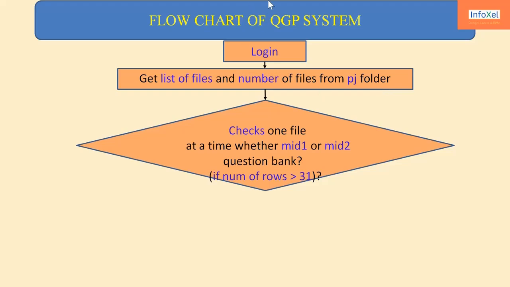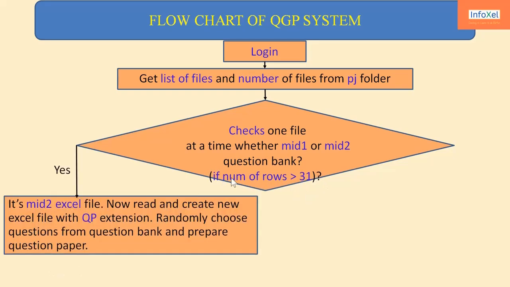Then the QPG system checks one file at a time, whether it is a mid-1 file or a mid-2 question bank. Okay, how to check? If the number of rows is greater than 31, if yes, it's a mid-2 Excel file, the mid-2 question bank.